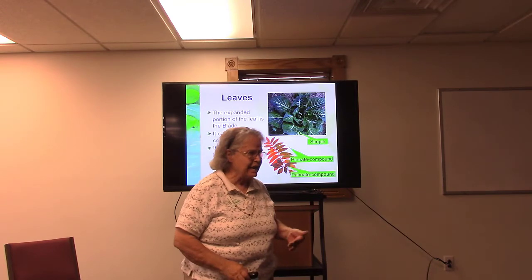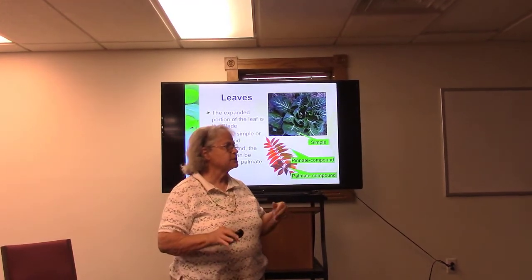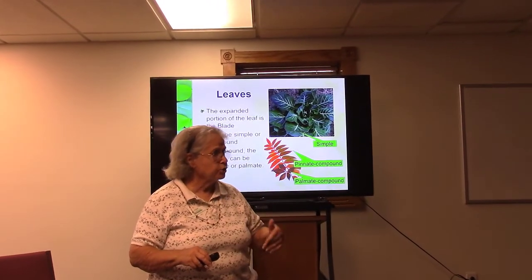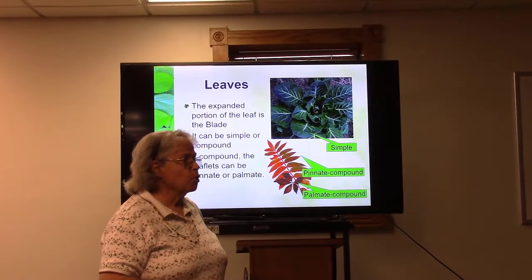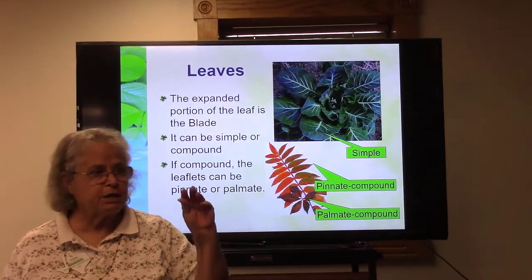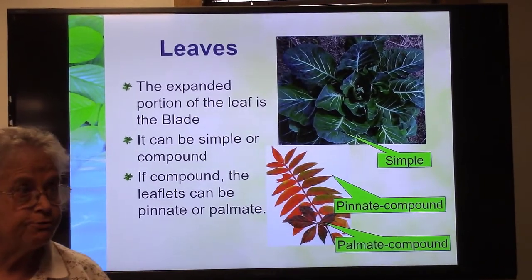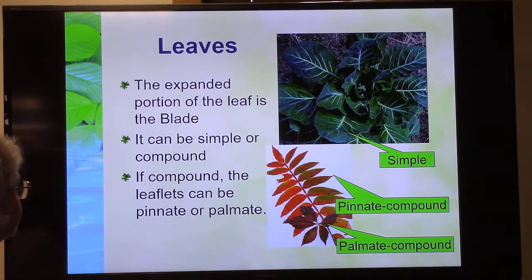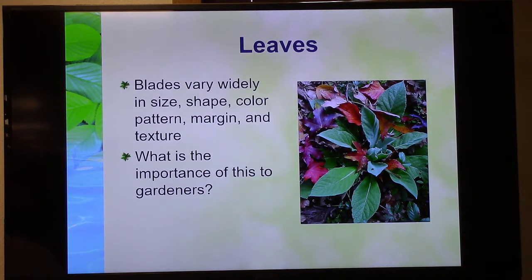In designing a landscape, if what you are looking for is variety of texture, this is one of the ways you can get more variety into your plantings, is to have some of those plants be simple and others be compound leaves of different shapes. There is a name for every shape you can imagine.